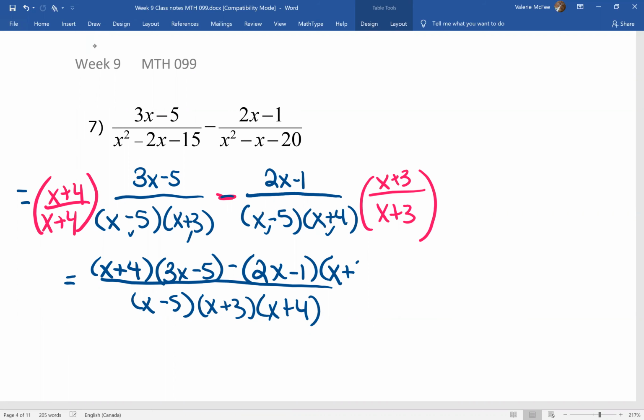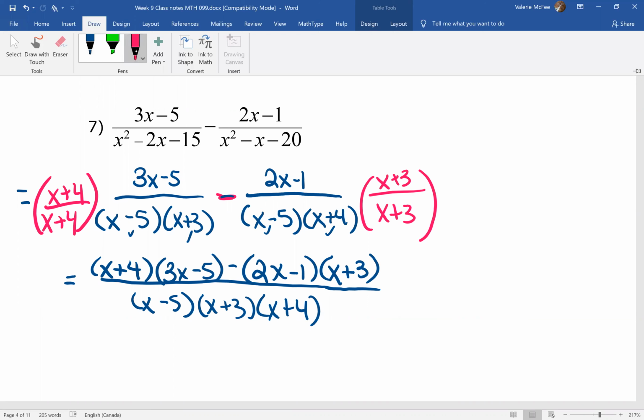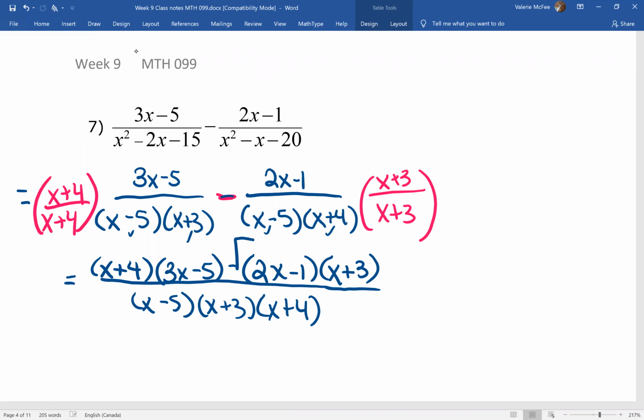Now this extra set of brackets that I draw here in red are actually not necessary. Oops, in red I said. But they are a good reminder that we want to subtract that entire product whenever we have a minus sign here.